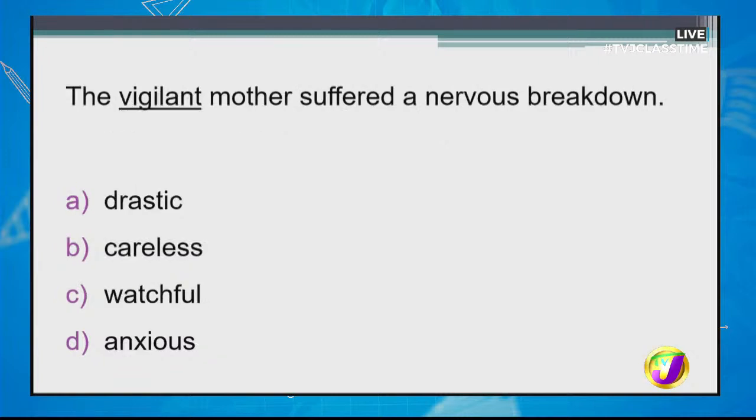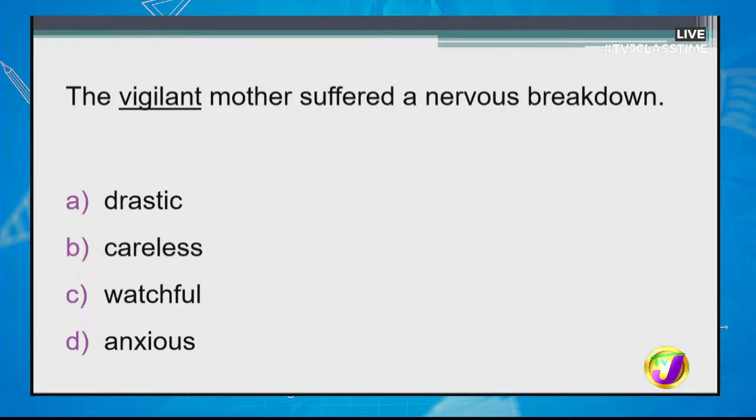Our next sentence. The vigilant mother suffered a nervous breakdown. And I hope you are not causing your parents to feel this way. We're looking at vigilant. Is the opposite of vigilant drastic? Is the opposite careless? Watchful, anxious? She is vigilant.